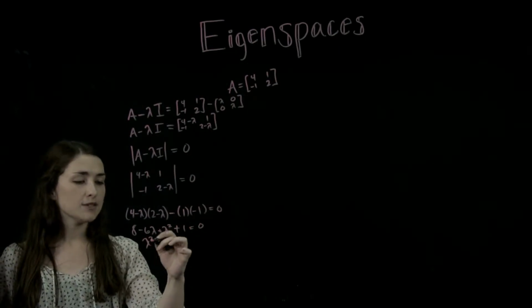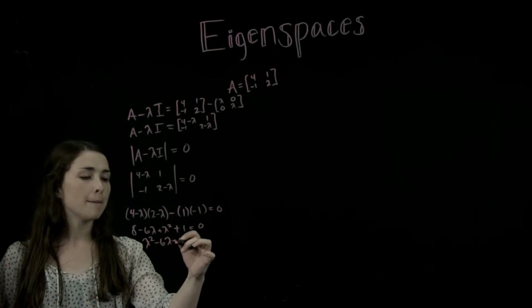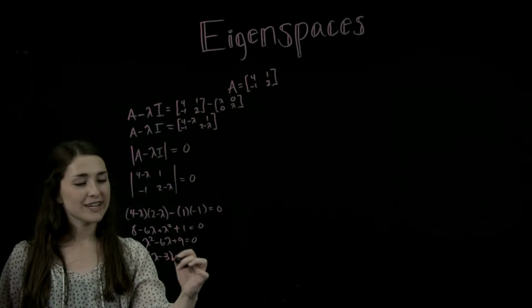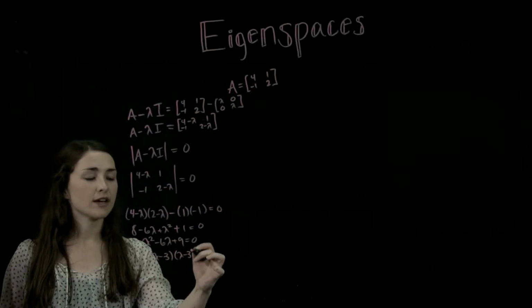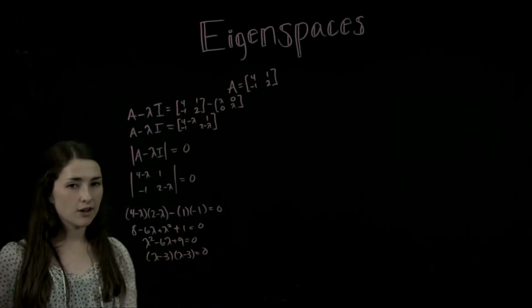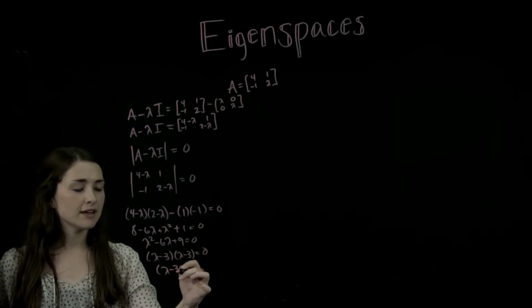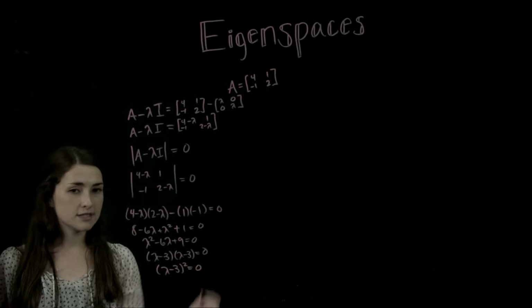So we see lambda squared minus 6 lambda plus 9 is equal to 0, and then we see lambda minus 3 times lambda minus 3 is equal to 0. Okay. We can simplify this one step further and see lambda minus 3 squared is equal to 0.